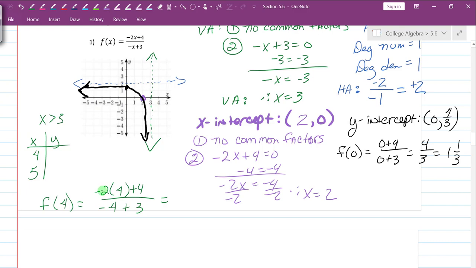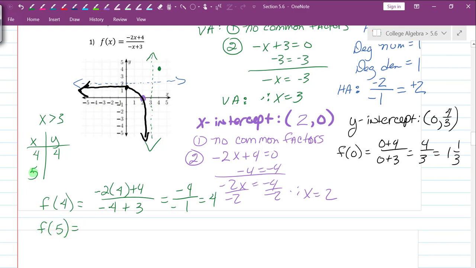So -2 times 4 is -8. -8 plus 4 is -4. -4 plus 3 is -1. So that is equal to +4. So when I plug in a 4, I get out a 4, and that is going to give me a point right there. The next one I need to evaluate is f of 5 right there.